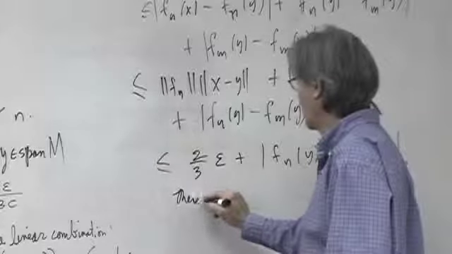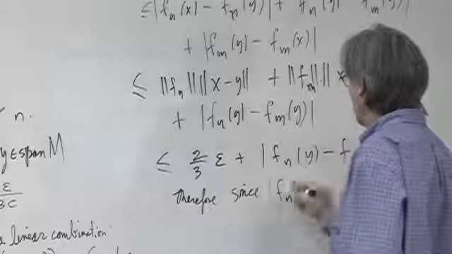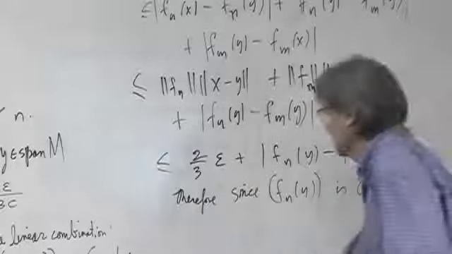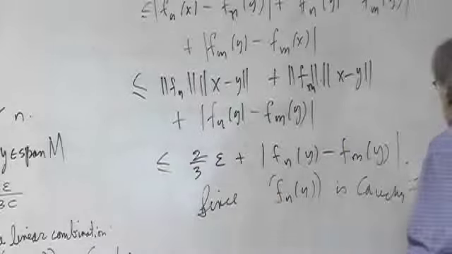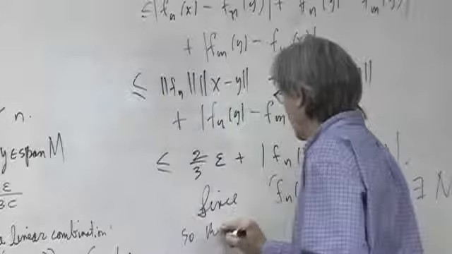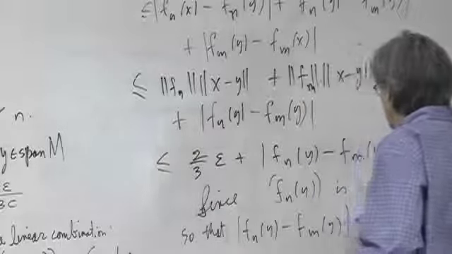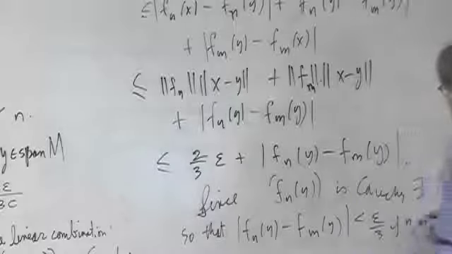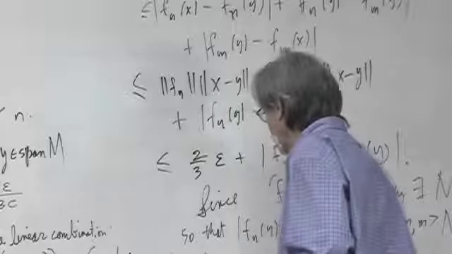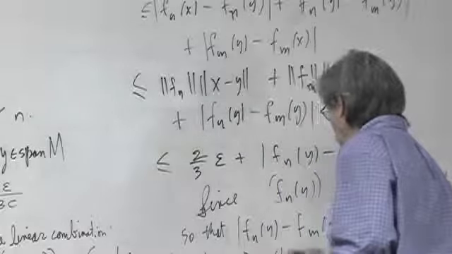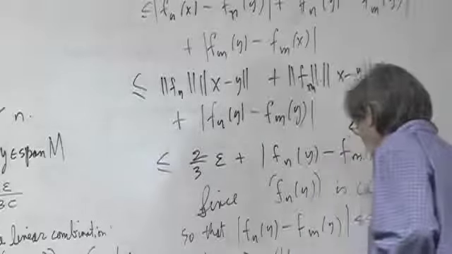Since Fn of y is Cauchy, there exists a capital N so that this third term, Fn of y minus Fm of y, is less than epsilon over 3 if little n and little m are greater than capital N. Hence, if little n and little m are greater than capital N, then Fn of x minus Fm of x is less than epsilon.